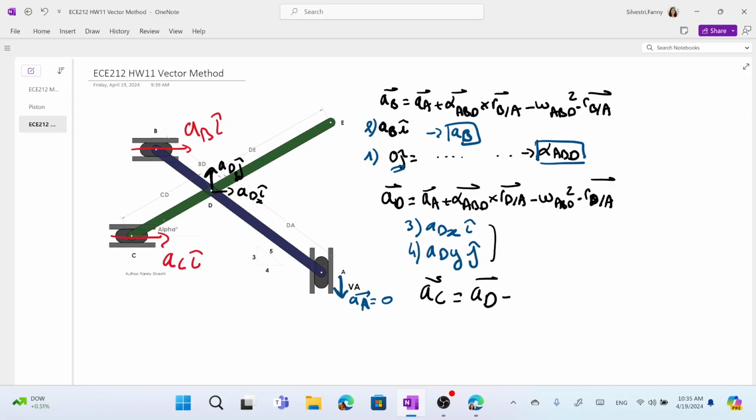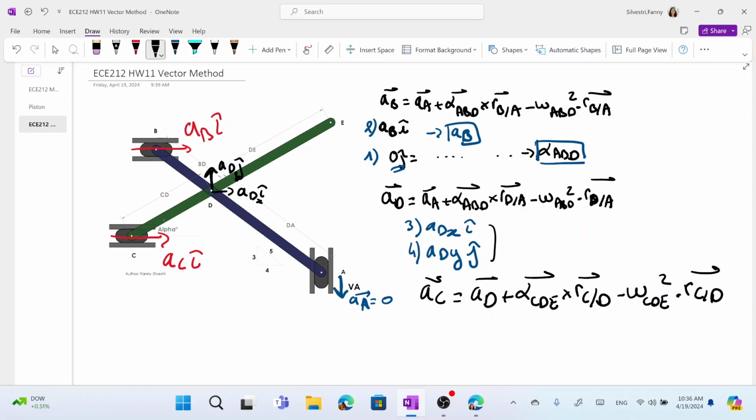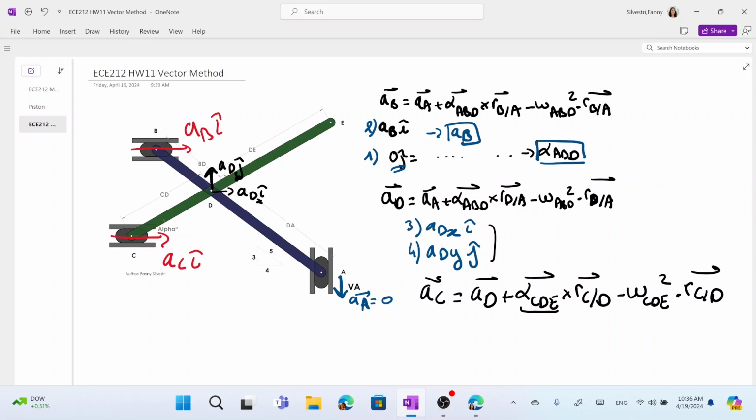So AD plus alpha of the rod CDE, that we don't know, cross RC about D, minus omega CDE square times RC about D. The unknowns here are the alpha CDE and the AC, but just on I hat.